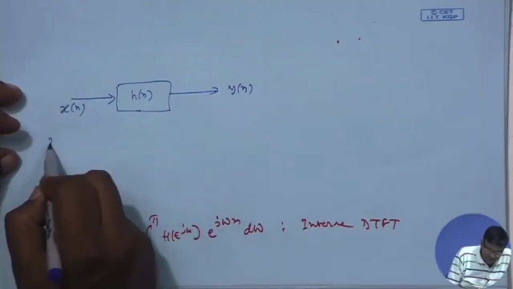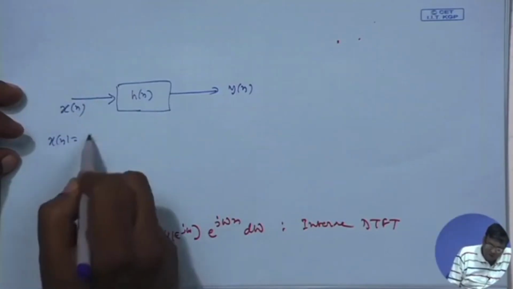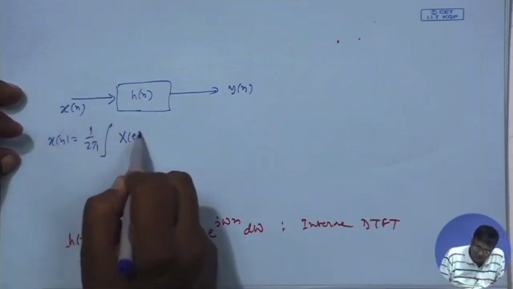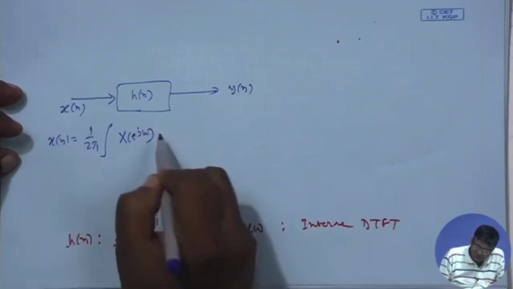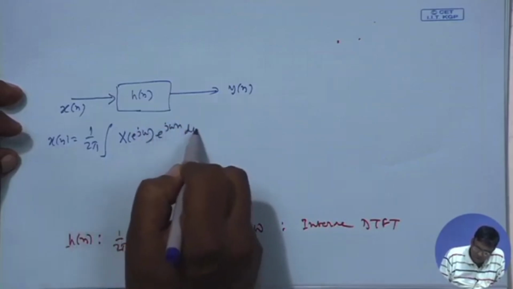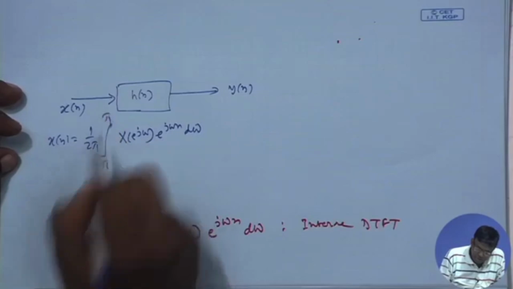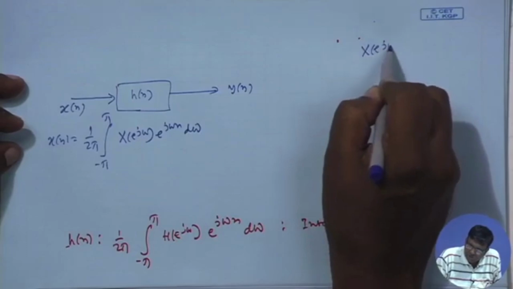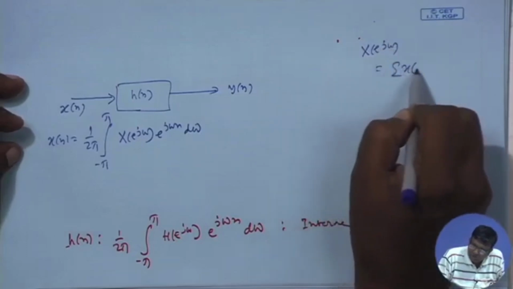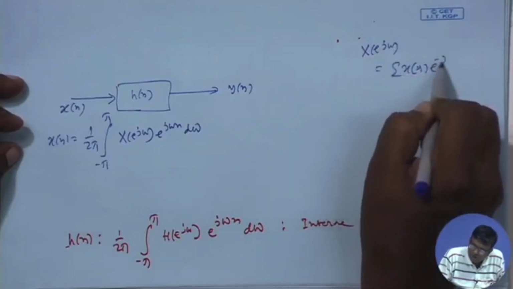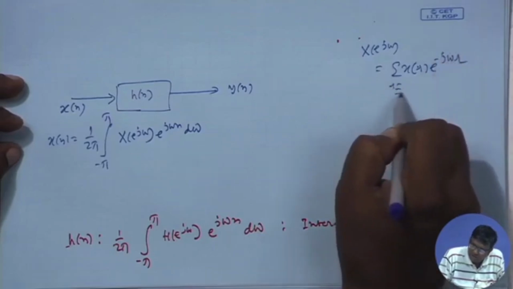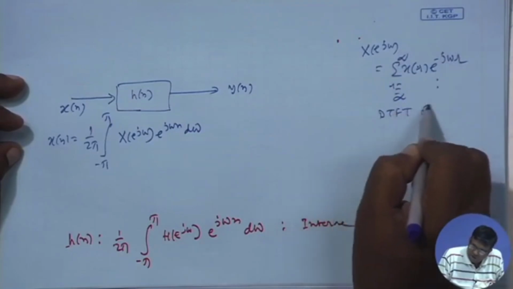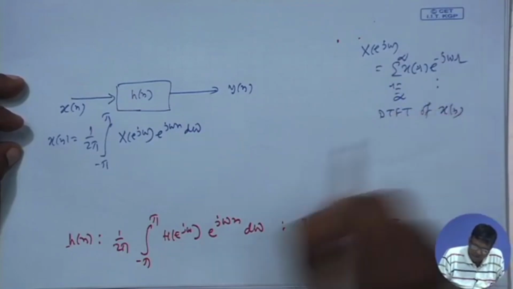x[n] also can be written in the same manner using its discrete time Fourier transform, capital X of e to the power j omega, into e to the power j omega n, where this is by the same formula, sum of x[r] e to the power minus j omega r, same thing for this sequence, which is nothing but the DTFT of x[n].